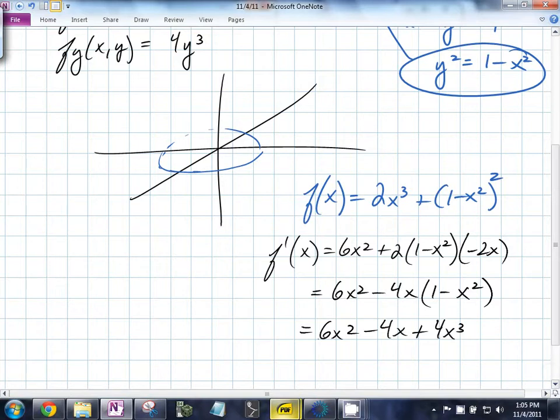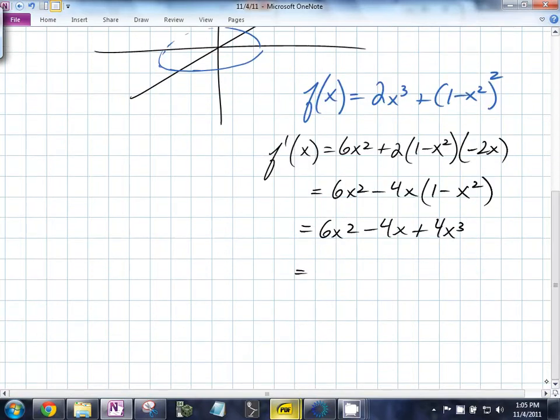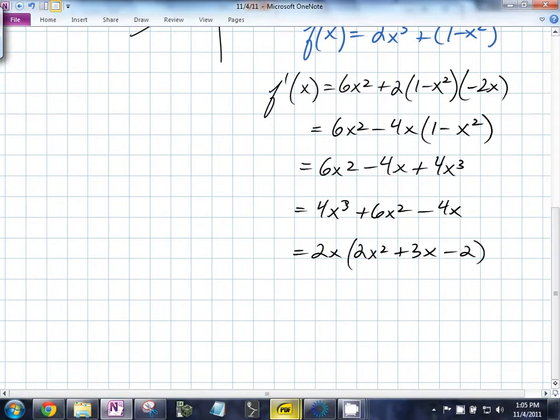To put this in order, 4x cubed plus 6x squared minus 4x. Let's factor out a 2x, so we end up with 2x squared plus 3x minus 2. When you see a quadratic like that, you hope it's nicely factorable.